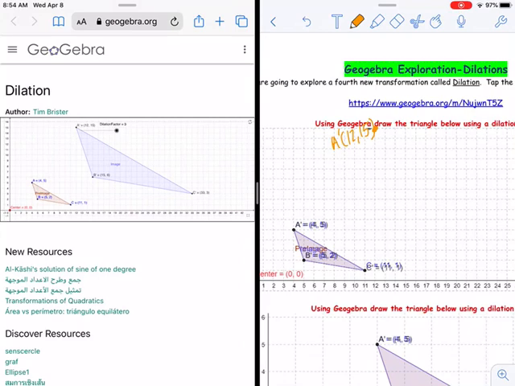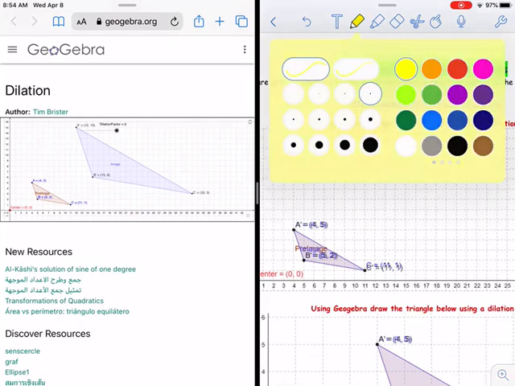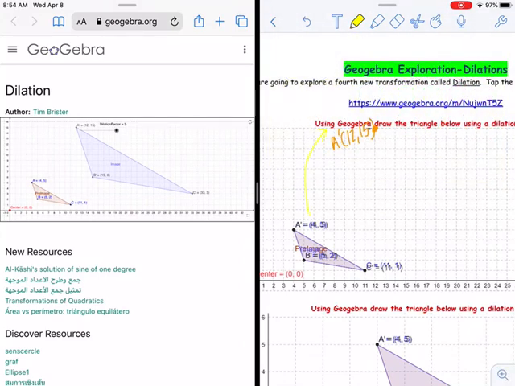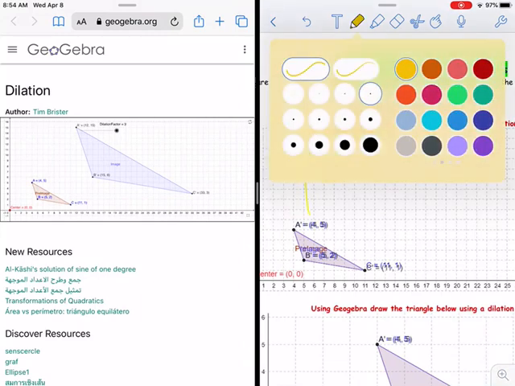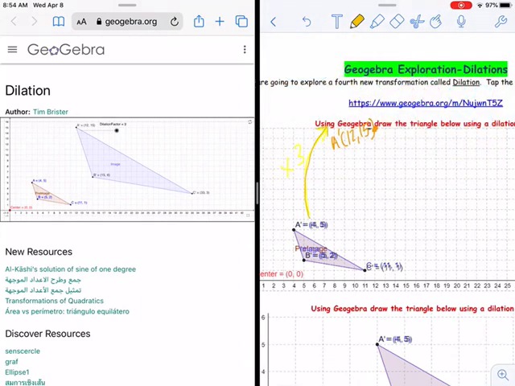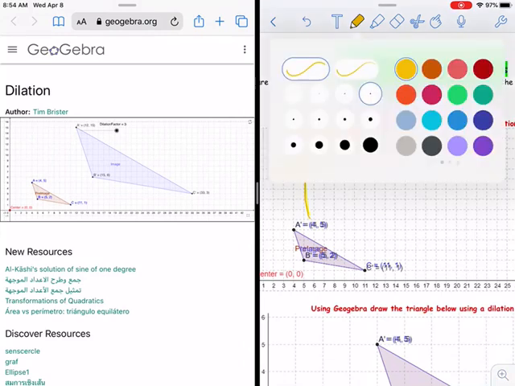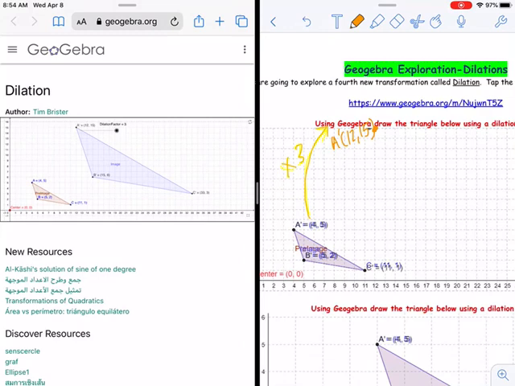And a little foreshadowing, I'm gonna write it in yellow because I don't want it to stand out too much, but I'm timesing it by 3. Let me pick a darker yellow. Timesing it by 3. All right, same thing with B. See how B is 5, 2? That means B prime is gonna be 15, 6.